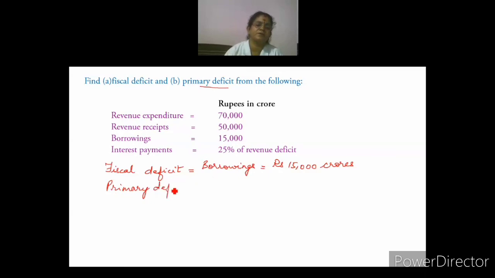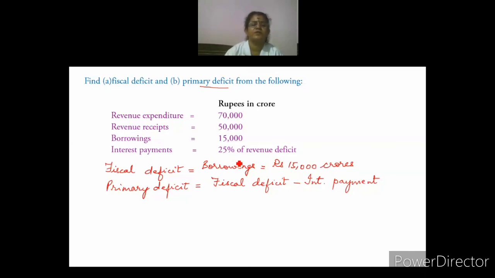Primary deficit is equal to fiscal deficit minus interest payment. Now in your question, the interest payment is not given directly.